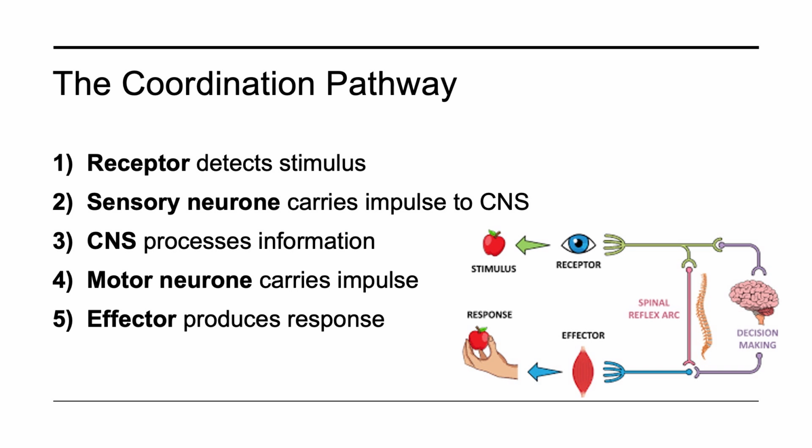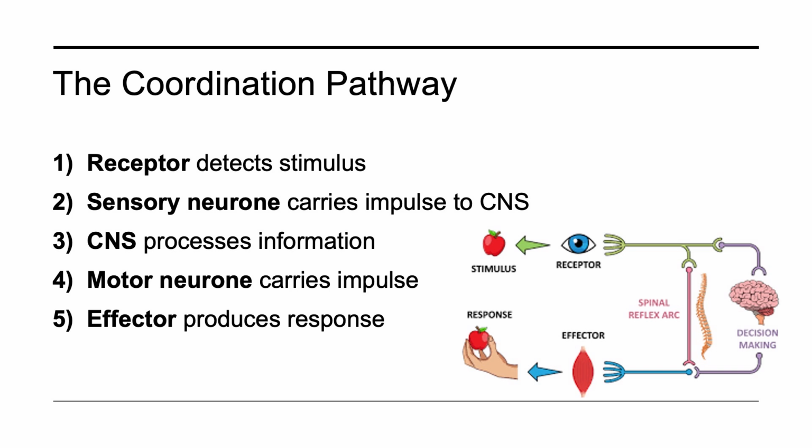Let's look at how the system works. When a stimulus is detected, the body can produce a response through a pathway, either a coordination pathway or a reflex action. Here is how it works. A receptor is responsible for detecting the stimulus. Once the receptor is stimulated, it creates a nerve impulse in the form of an electrical signal.